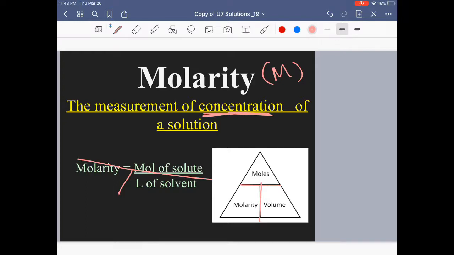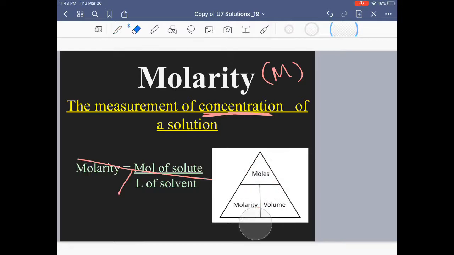Remember, whatever you cover up, if I'm solving for volume, it would be moles over molarity. And if I was solving for molarity, then it would be moles over volume. And lastly, if I was solving for moles, then it would be molarity times volume.